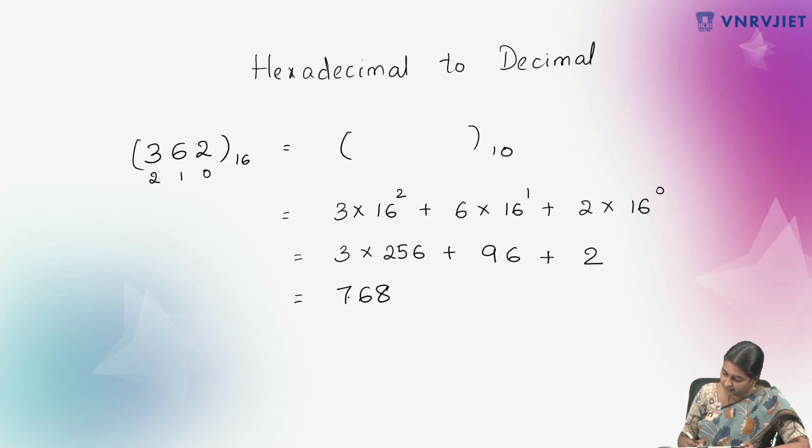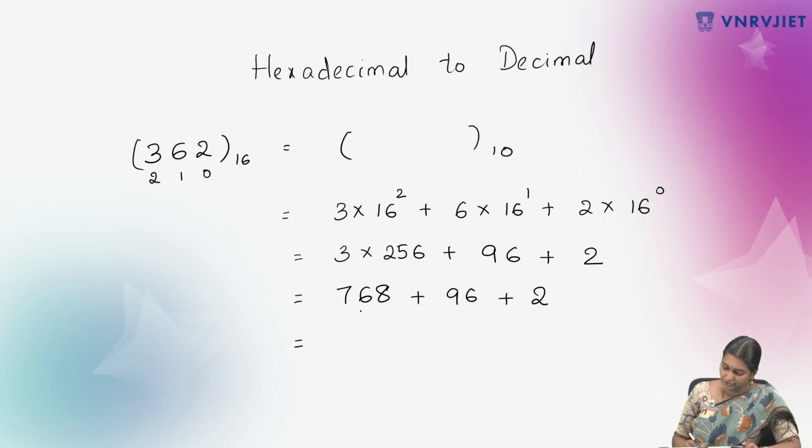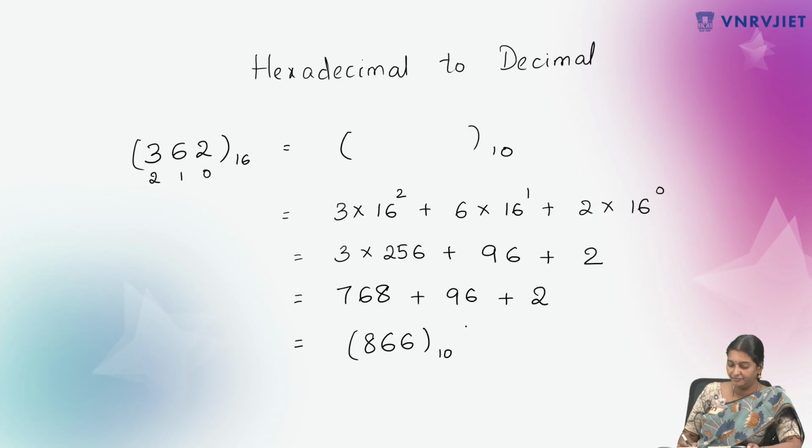So 768 plus 96 plus 2, which is 866 to the base 10. So this is how we will convert a hexadecimal number to the decimal number system.